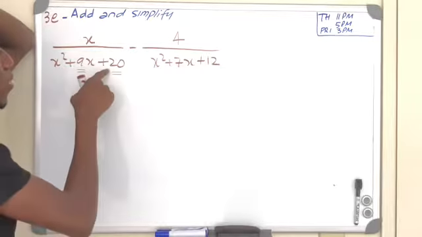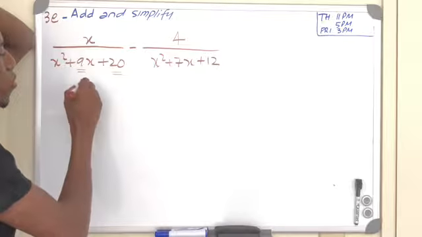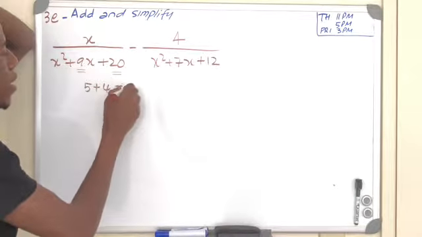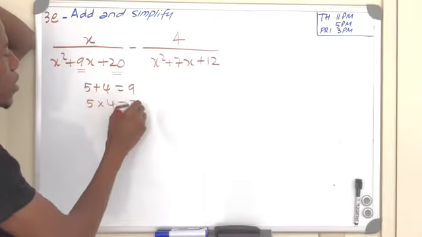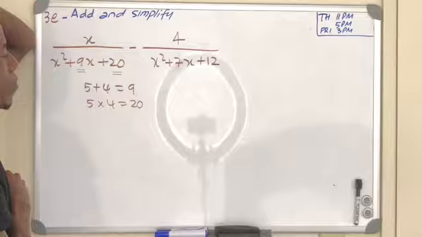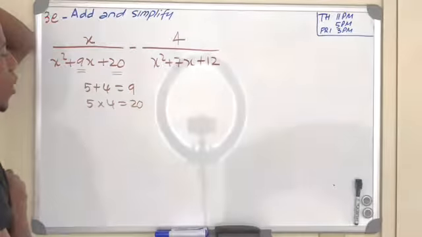So 5 times 4 is 20, and 5 plus 4 is 9. That means 5 and 4 are the solutions for my trinomial.